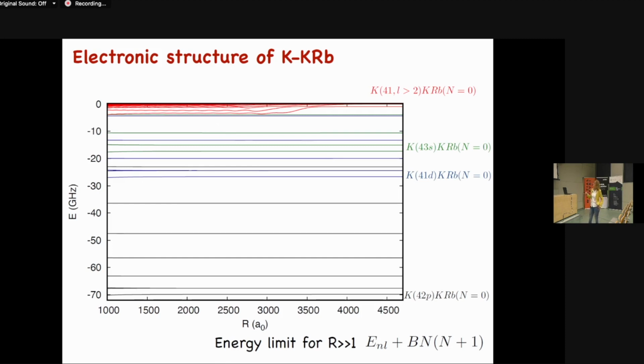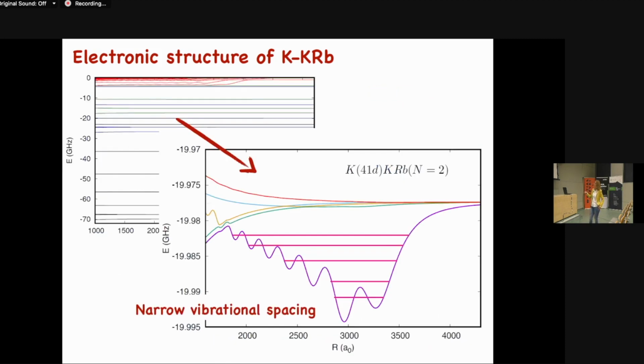These curves look very flat, but if I zoom in, this is how the potential typically looks when the Rydberg atom is in a 41D state. That is one of the states that they can easily excite with this two-photon excitation. In that case, the diatomic molecule is rotationally excited. And these horizontal lines are bound states.